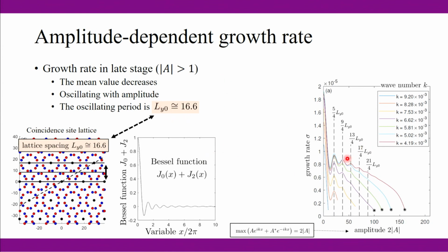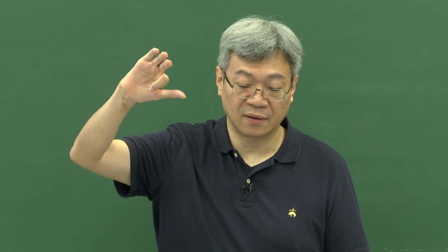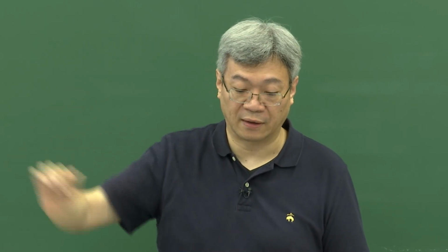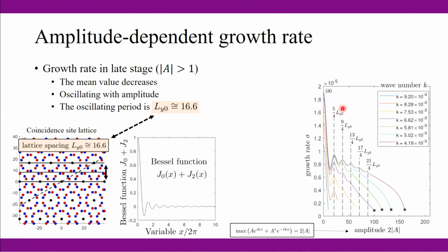If you see the number here, actually it is, right? Because you see the gap, it's 5/4 of Ly0, that's 9/4, so the difference will be Ly0. So you always see the growth rate speed up a little bit, then slow down, then there's a rush again and it comes down again. But always you see this periodic structure over and over.